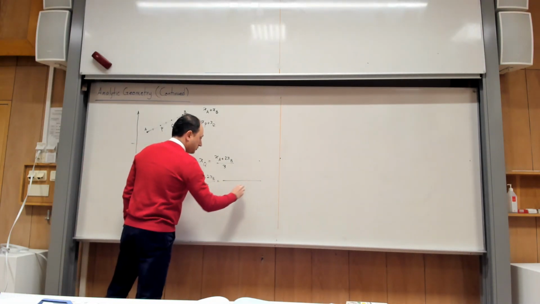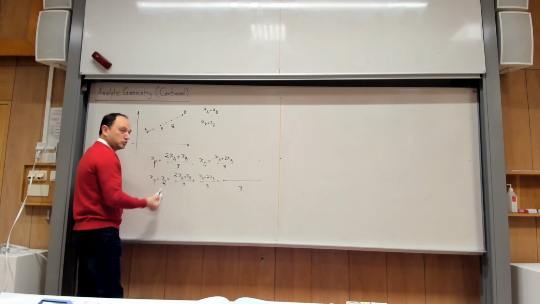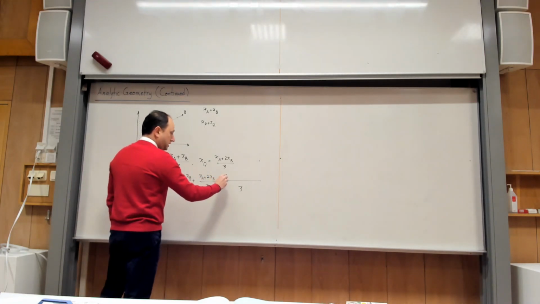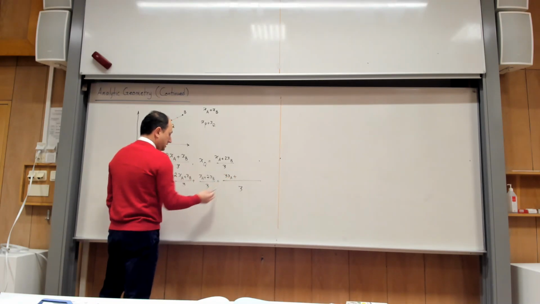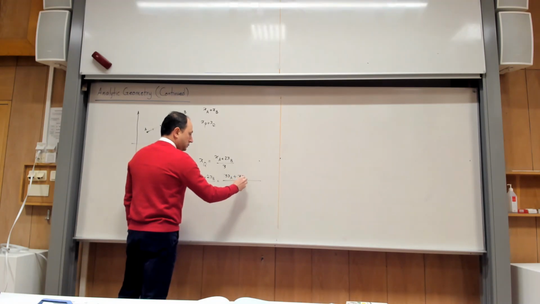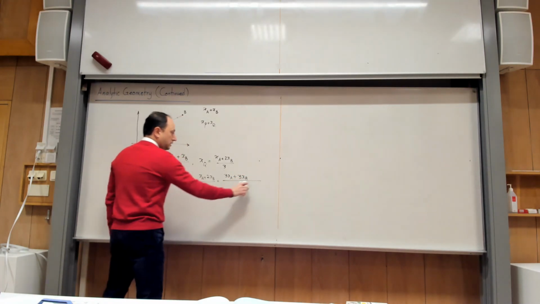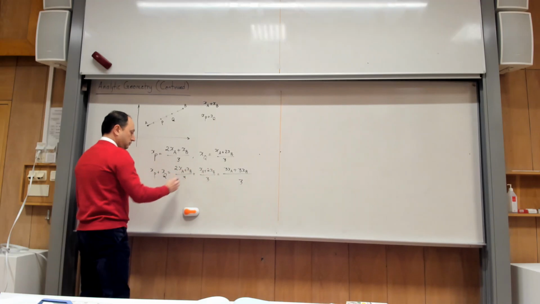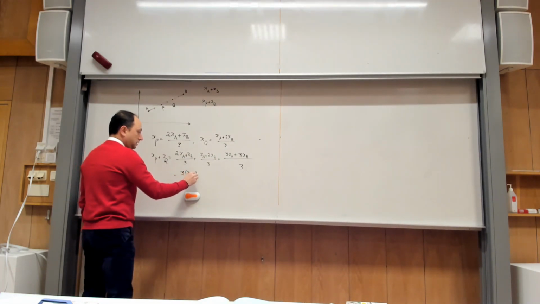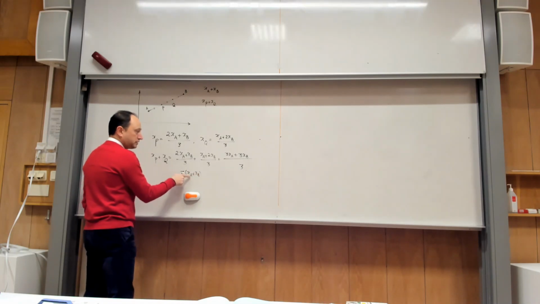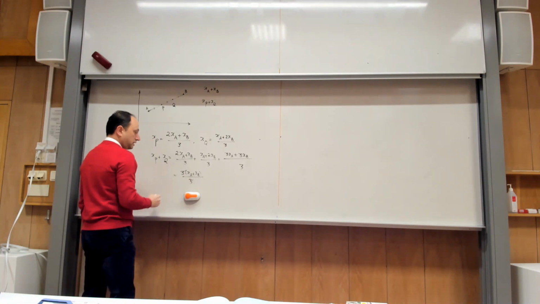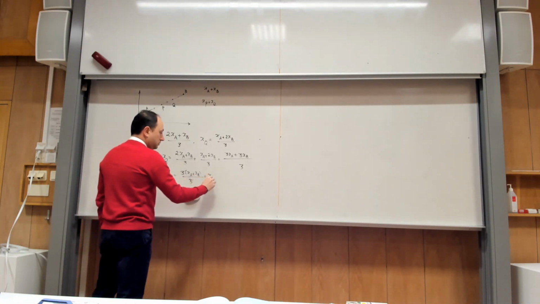This becomes 3, and then I start adding the numerators, yes? 2XA, another XA here, it becomes 3XA, plus XB is here, 2XB is here, so it becomes 3XB. And now what can I do? I can write it as 3 times XA plus XB. Yes, because if I multiply 3 inside, it becomes exactly that expression. And then you see that these 3 and that 3 are cancelled. I get XA plus XB.